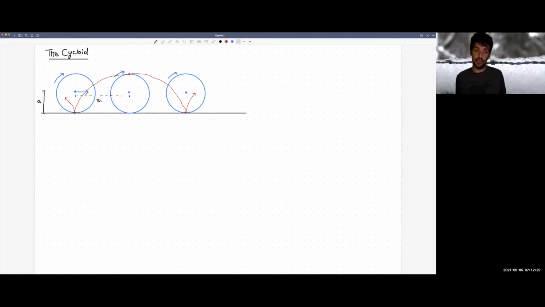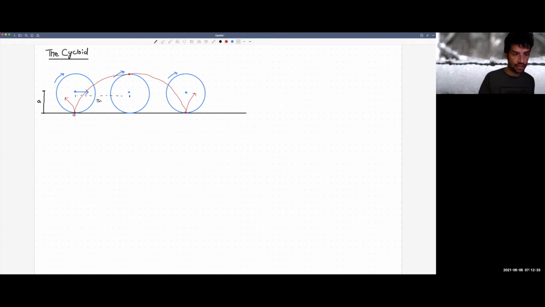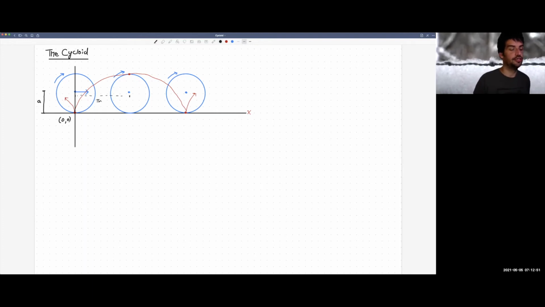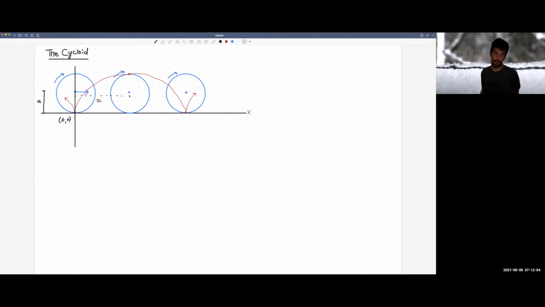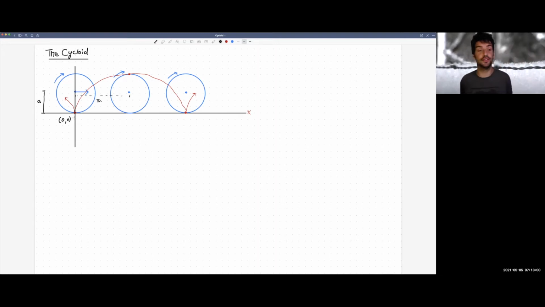What we're going to try to do is come up with a set of parametric equations where we imagine this now living on a coordinate axis. So let's say that this line I have in here is the x-axis, and I could throw a y-axis in anywhere I want, but I'm going to put it so that the origin is right at one point where that little red dot is on the ground, at the lowest point of the circle, right?